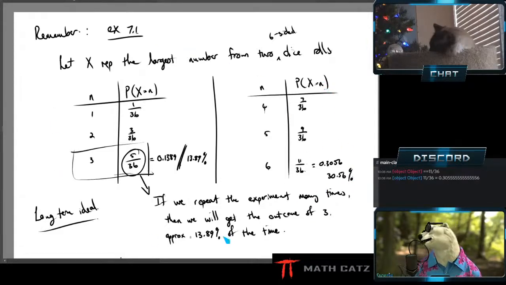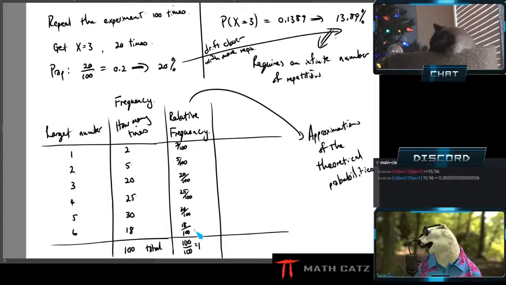Ideally, however many times I repeat this experiment, around 30% of those times I should get a 6 as the largest number. In my run of 100, I got 18. Wasn't very good. That's pretty far away from 30. Because my 100 is not a lot. It's not a lot of repetitions.